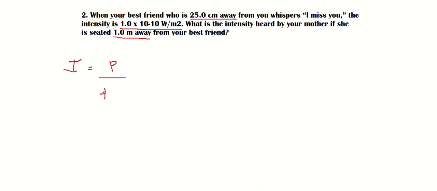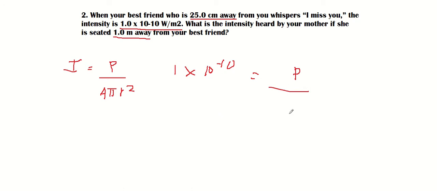Intensity is equal to power divided by area. So ngayon, pwede tayo mag-substitute dyan. Yung intensity natin is 1 times 10 raised to negative 10. Tapos, equate natin siya. Wala tayong power, so sulat mo lang dyan as letter P kasi ito talaga isosolve muna natin.